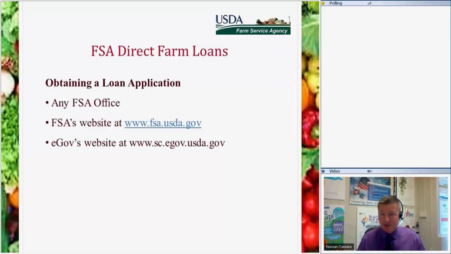They're processing 10, 15, 20 loans, constantly flowing, and people coming in. Make an appointment so you can ask the right questions and you're not rushed through. It might take a week or so before you get that appointment, but call them and ask for an appointment to talk to them about starting a new application. Or you can go to eGov's website at www.sc.egov.usda.gov.